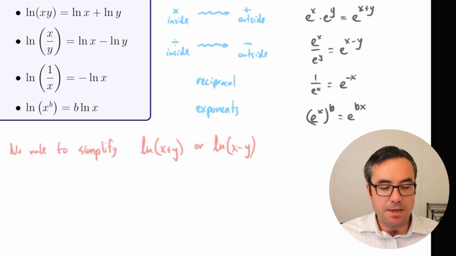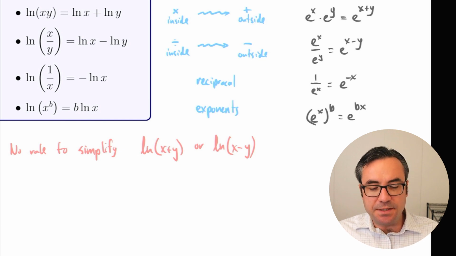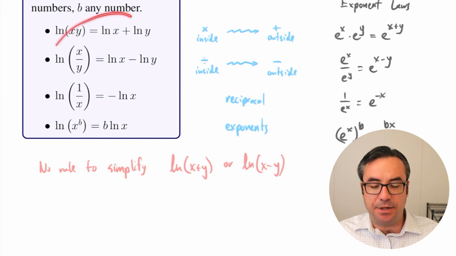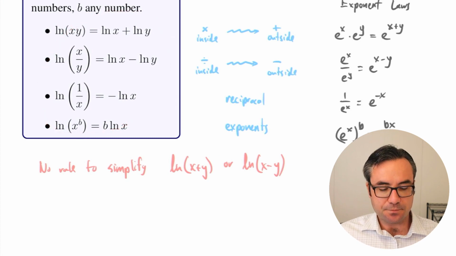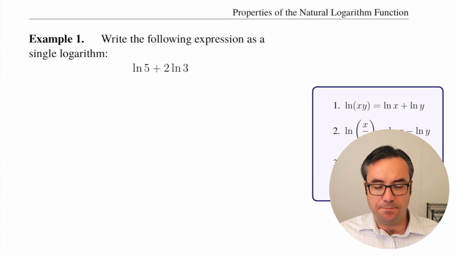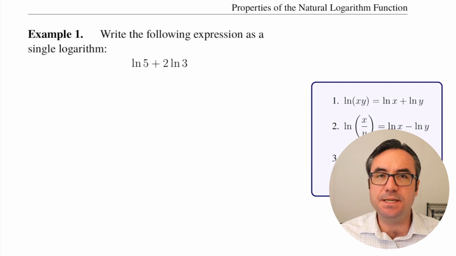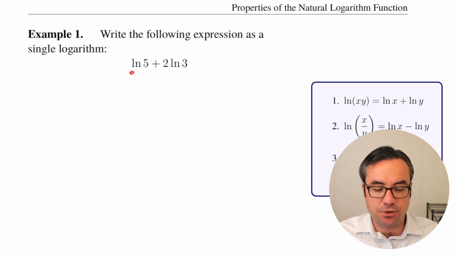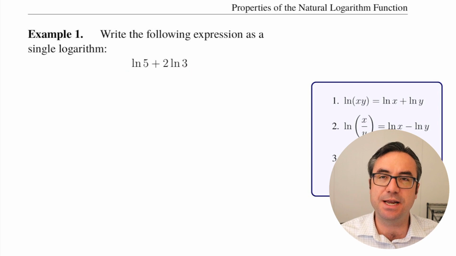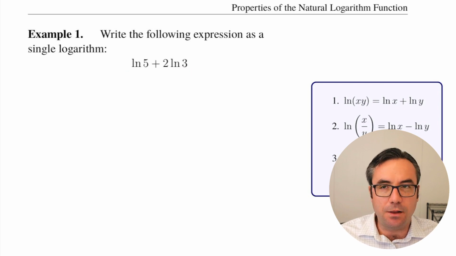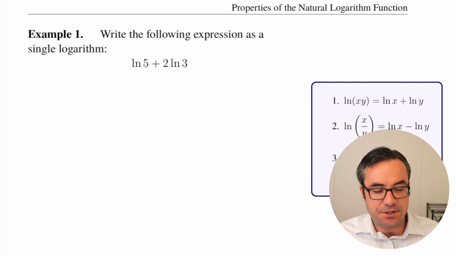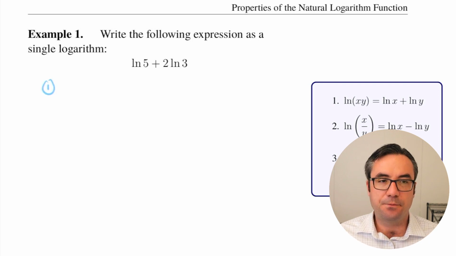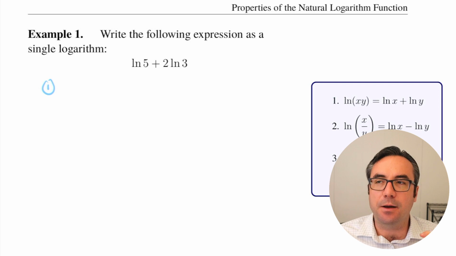All right, so let's see how to actually use these log properties. Let's look at example 1. We're going to simplify the expression natural log 5 plus 2 times natural log 3 using all of these log properties that we've seen. And when we do this, we want to be systematic about it.